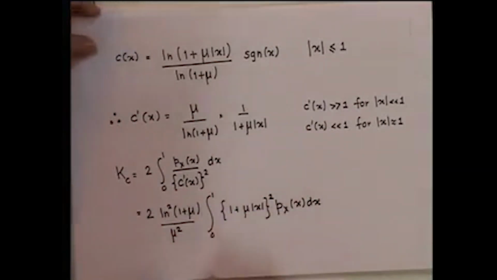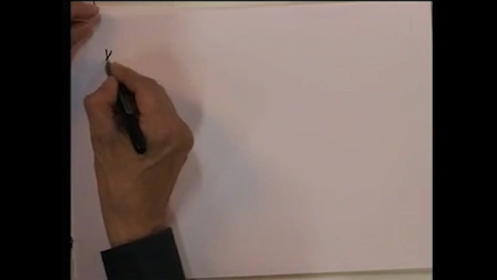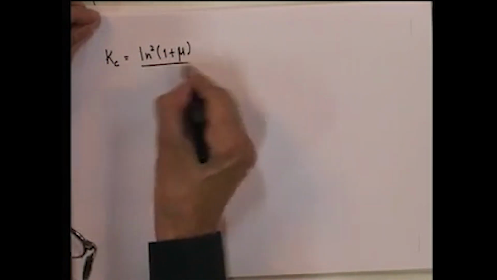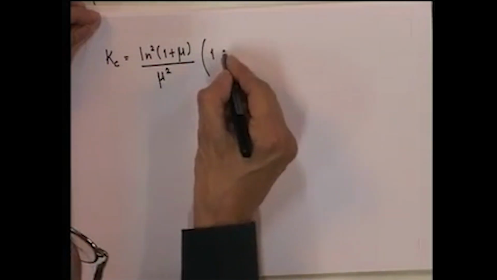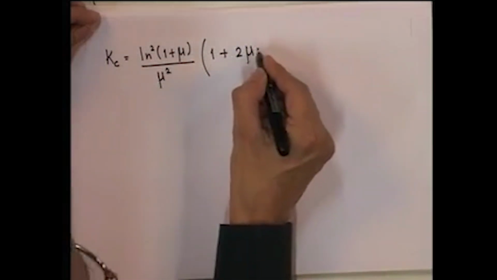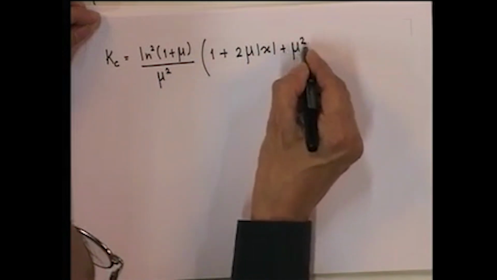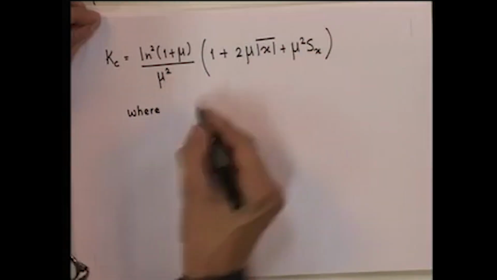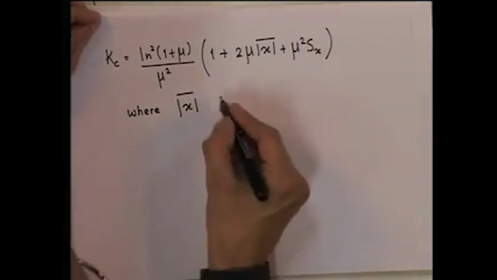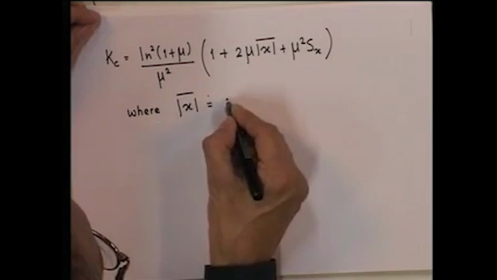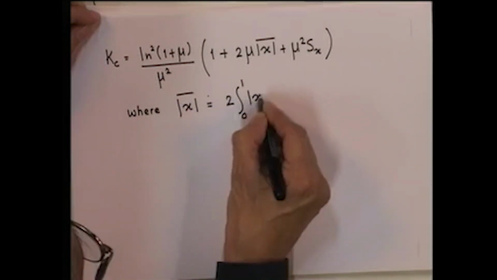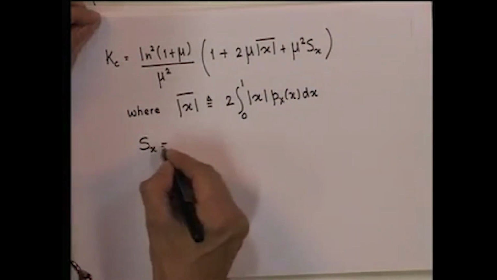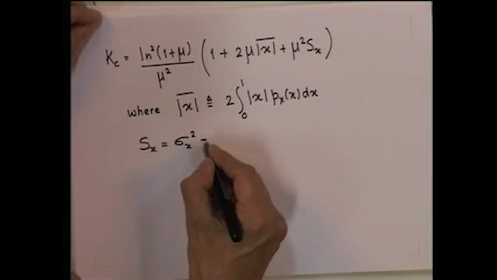And it can be very easily shown that this expression reduces to K c is equal to log squared of 1 plus mu by mu squared, times 1 plus 2 mu times the average of mod x plus mu squared S x, where the average of mod x is, by definition, twice the integral, and S x is the input variance, which is equal to the integral.